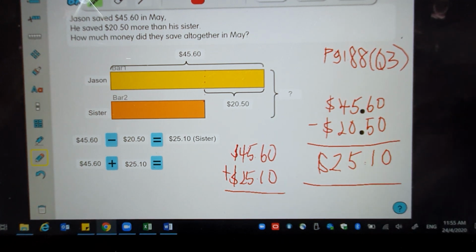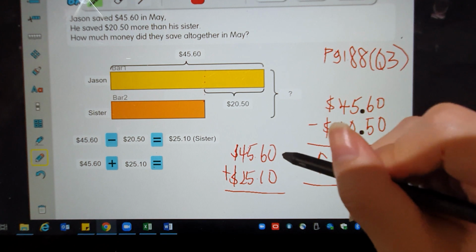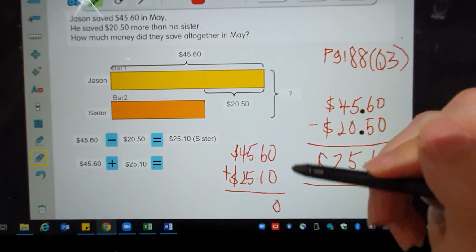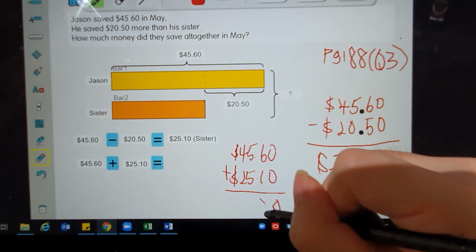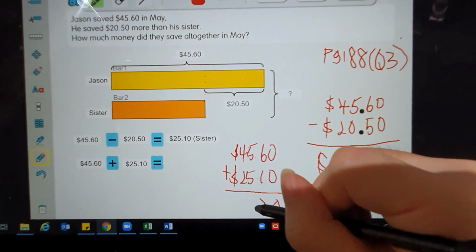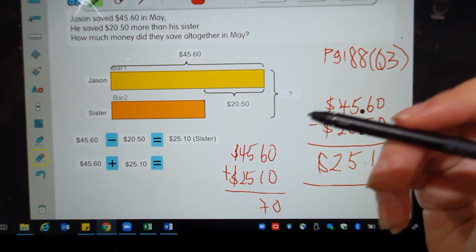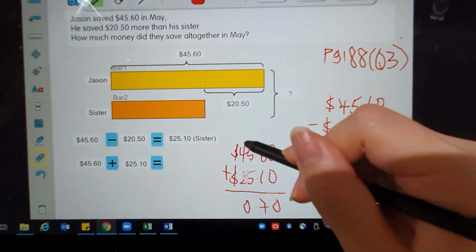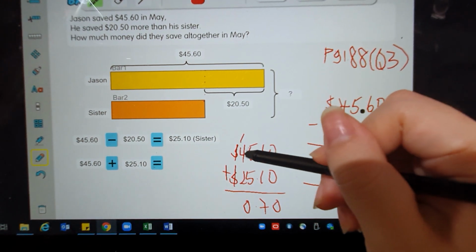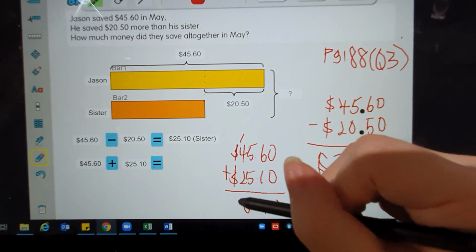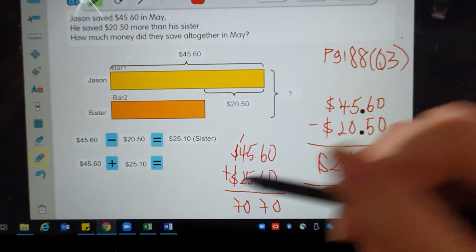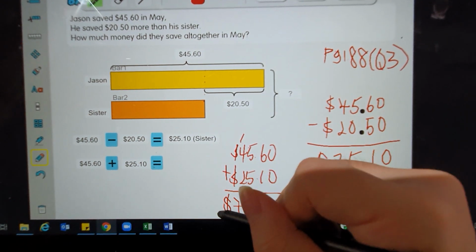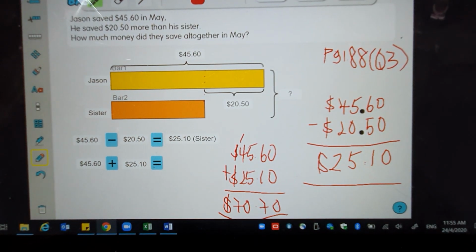Then when you do your addition, you just add as per normal, like how you do for whole numbers. So 0 plus 0 gives me 0. 6 plus 1 gives me 7. Bring down your decimal point. 5 plus 5 gives me 10, so I put 0 here and a 1 here. 1 plus 4 gives me 5, plus 2 gives me 7. Then bring down your dollar sign here.